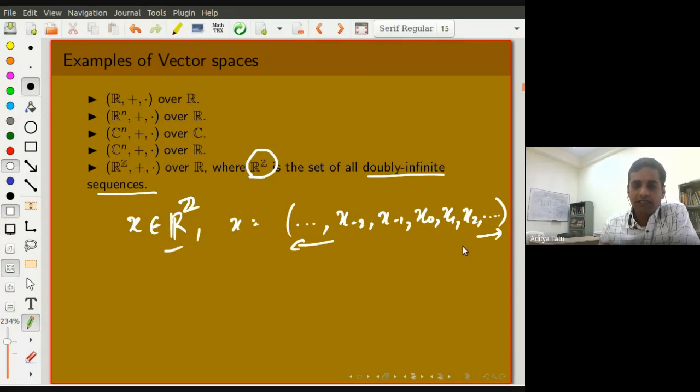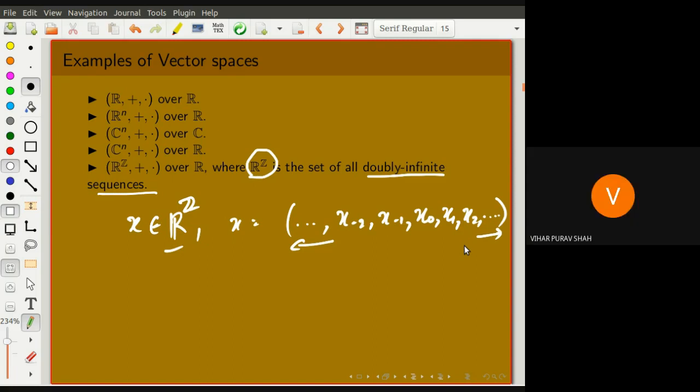Why this example is pertinent is because you probably have seen this set in your other course. Have you come across this example? Of course, not in the context of vector spaces. Yes, sir.